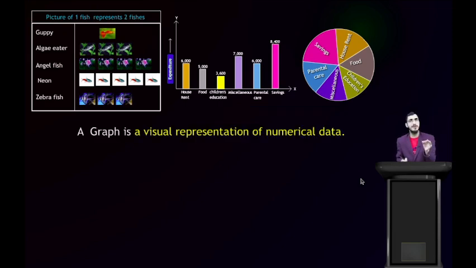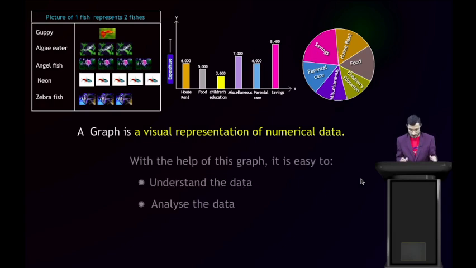A graph is a visual representation of numerical data. Remember always, a graph is a visual representation of numerical data. With the help of a graph, it is easy to understand the data, and second, to analyze the data.